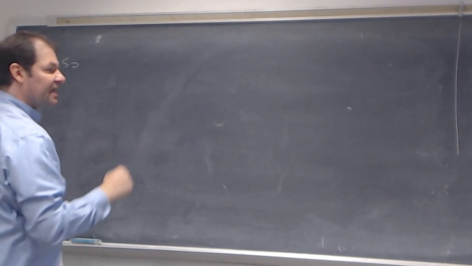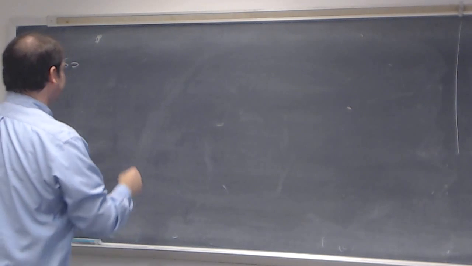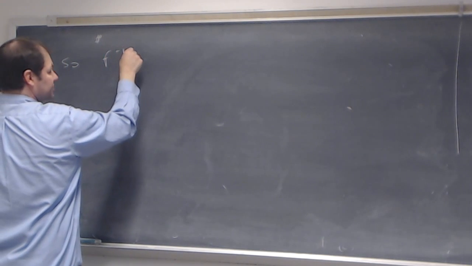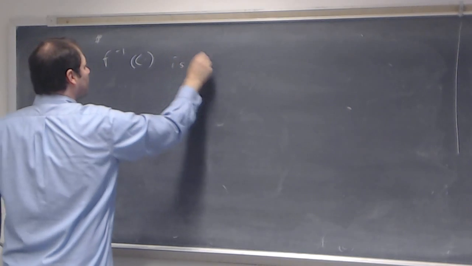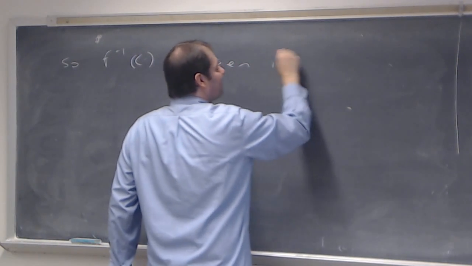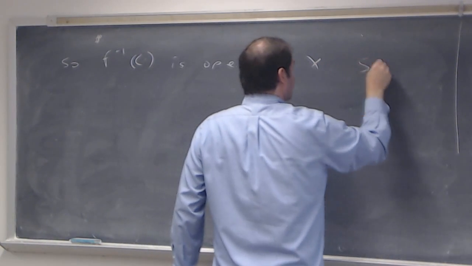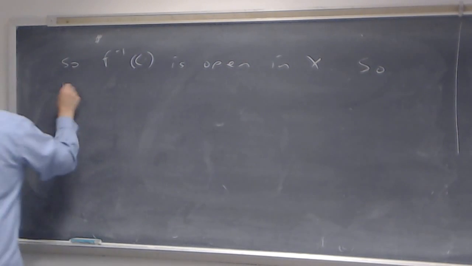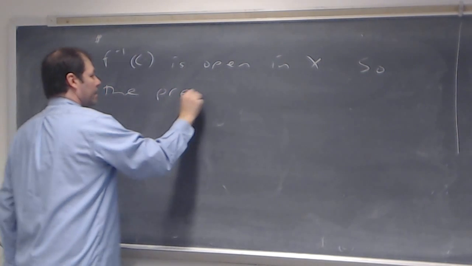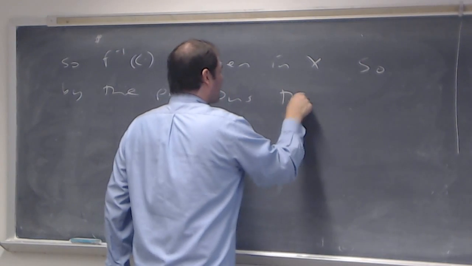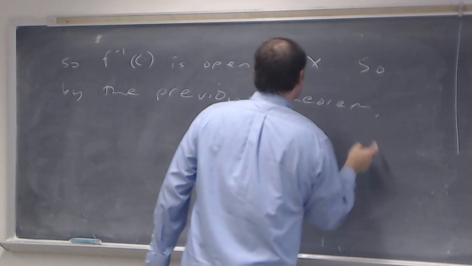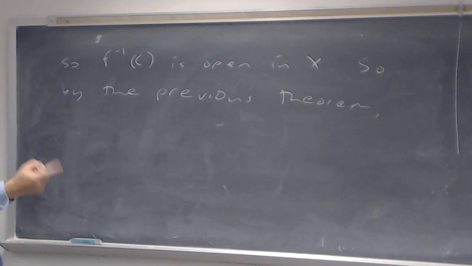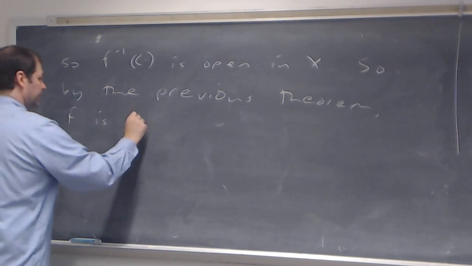Okay, so we're almost done. So if that set was closed, then its complement, which is just the inverse image of C, is open in X. And that's what we need to show. So by the previous theorem, since the inverse image of open sets in Y are open in X, that means that F is continuous in X.